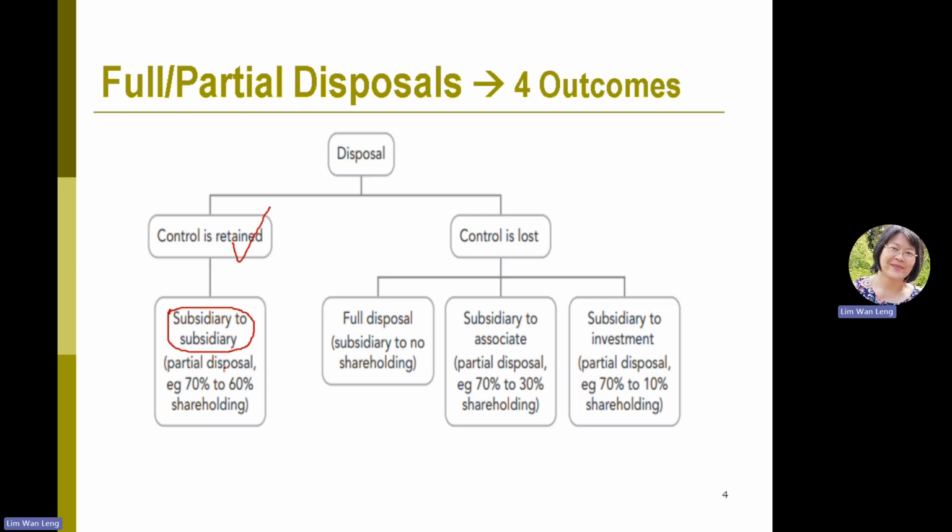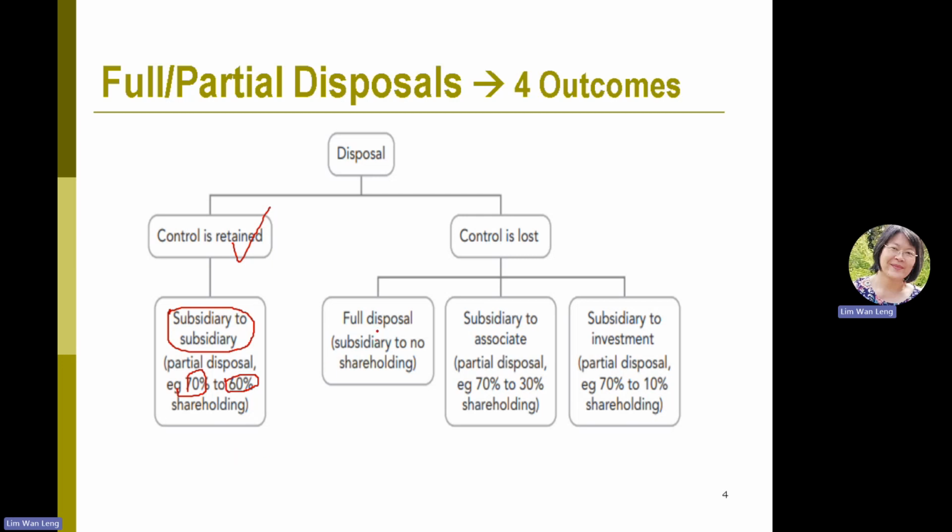So which means that you still consolidate, but it's just that you have to make some adjustments to the NCI. So which means the profits attributable to the NCI, you will have to take into account which portion the NCI is 30%, which portion the NCI is 40%. Okay, then the rest of it, not much of a difference, you still consolidate.